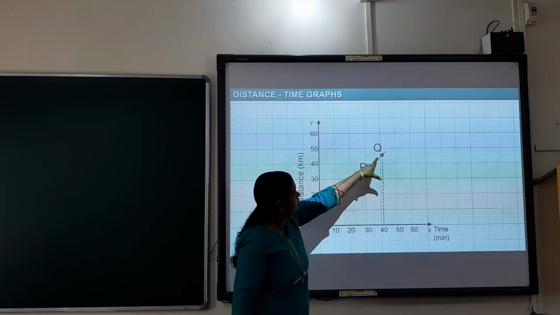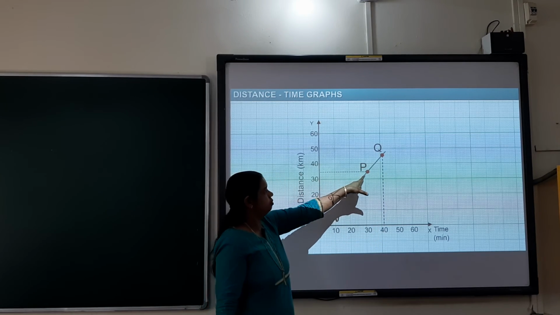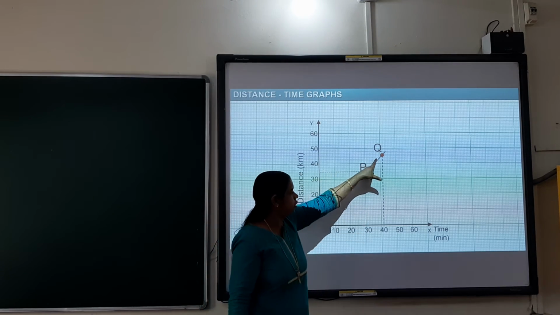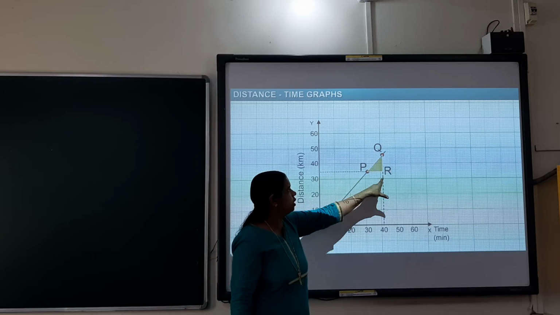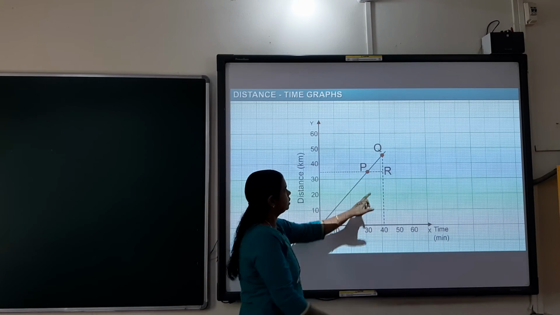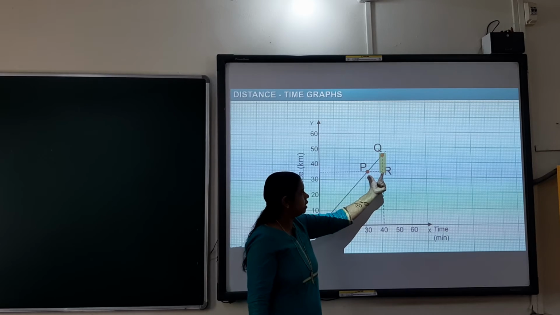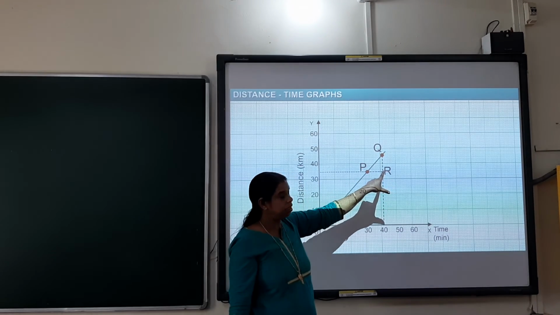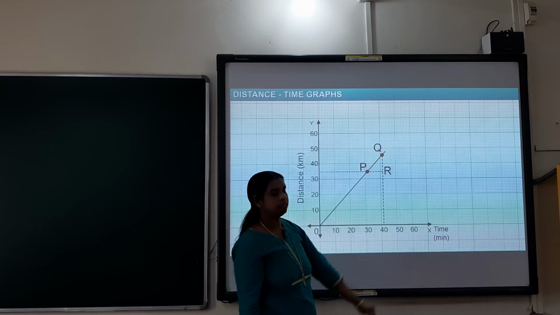This is a perpendicular from Q to the x-axis and a perpendicular to the y-axis from P. Here we get one triangle, isn't it? QR represents the change in distance and PR represents the change in time taken.